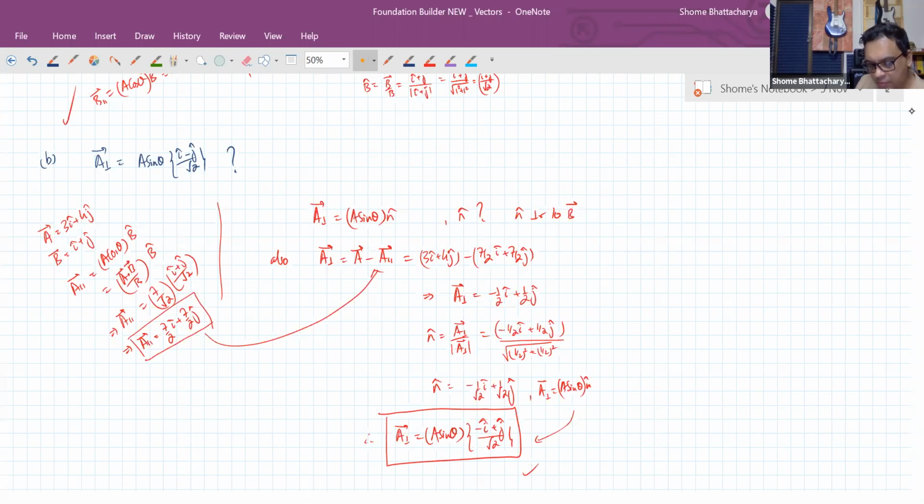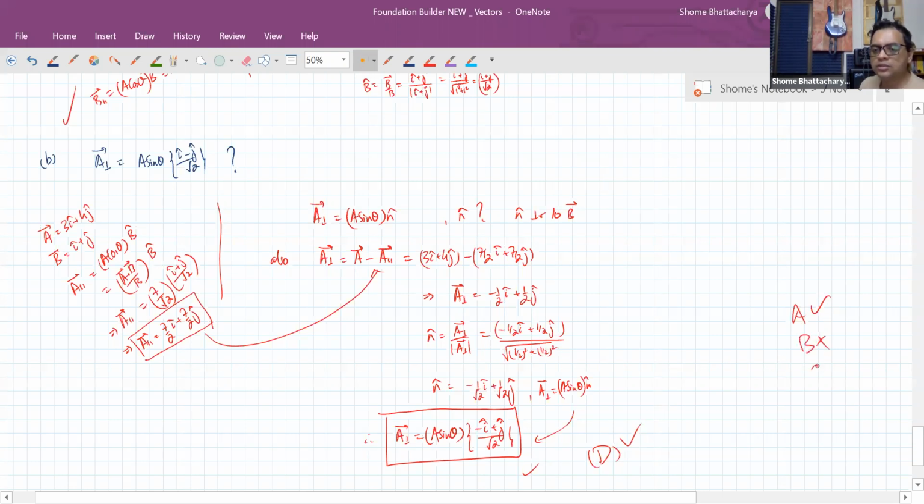Sorry, B is not correct. D is the correct option. So based on this, you can see option D is correct and option A is correct. So option A is correct, B is wrong, C is wrong, D is correct.